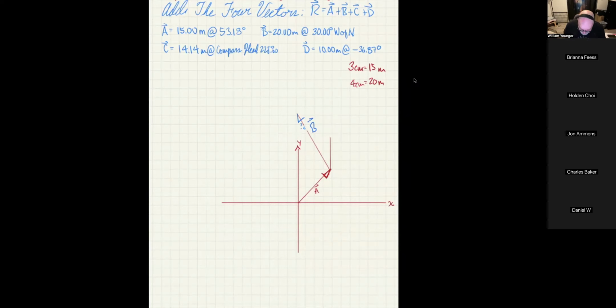Okay. Now vector C is at compass heading 225, which I know is 45 degrees below due west. So what I'm going to do is use my protractor to draw 45 degrees below west. I've got this set up where the center of my protractor is right at the end of this vector, and where my line that goes from 0 to the center and then from the center to 180 is parallel to the horizontal lines.